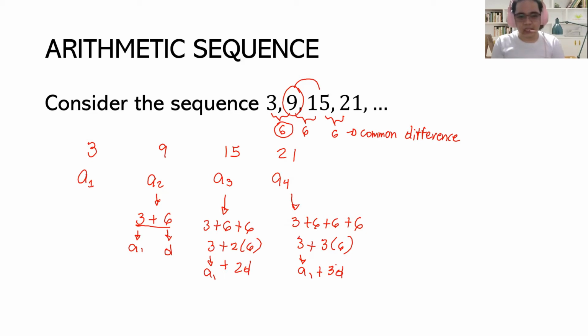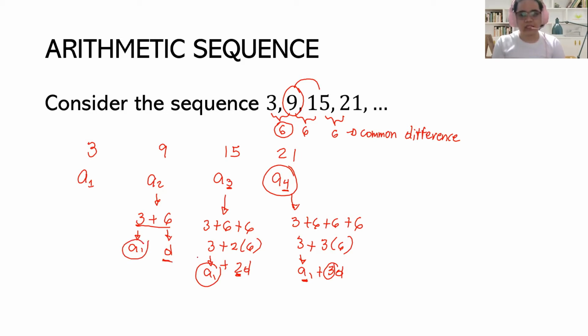So kung makikita natin ulit, para makuha yung A sub 4, yung pang-apat, kailangan mo ng A sub 1 tapos tatlong D. Yung A sub 3, A sub 1 tapos dalawang D. So yung A sub 2, A sub 1 tsaka isang D.